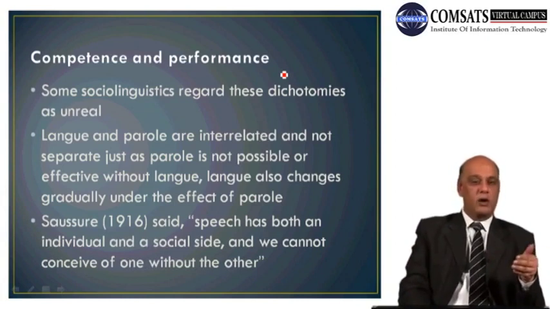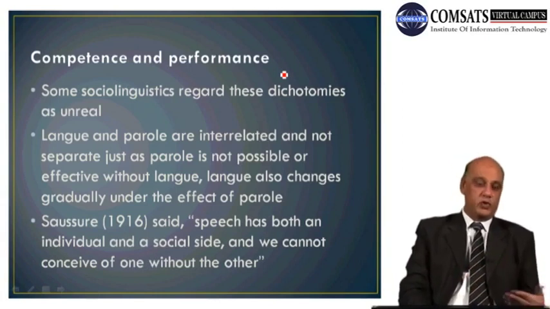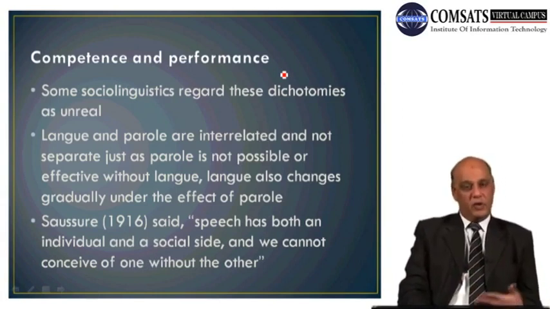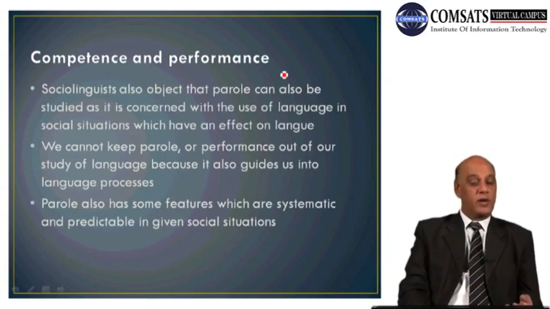Sometimes the rules are overlooked, the rules are changed under the powerful influence of the language being used by a certain class of society. So we have to look at the inner as well as the outer aspects. They also object that parole can't be ignored as it is concerned with the use of language in social situations, which have an effect on langue.